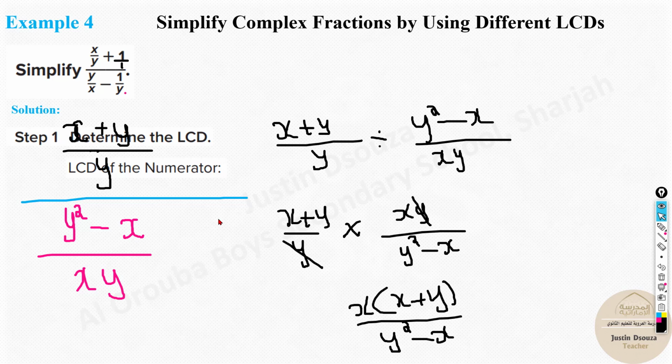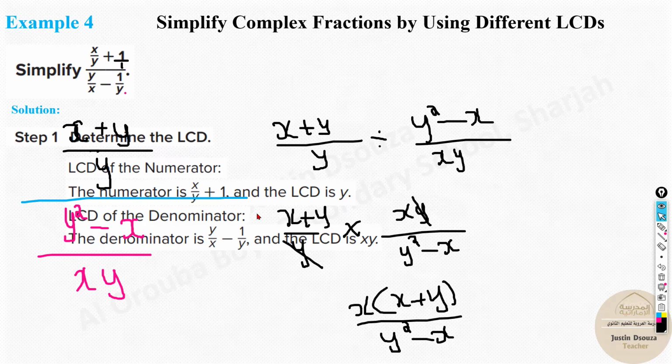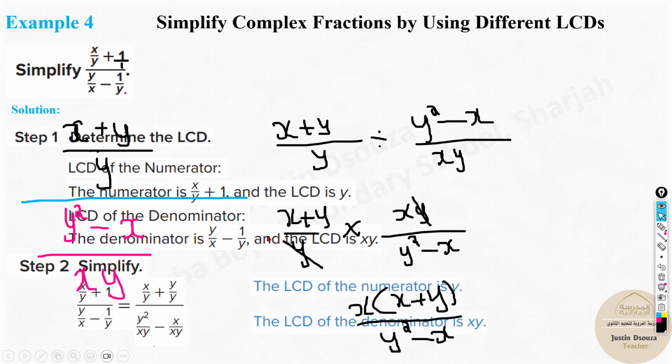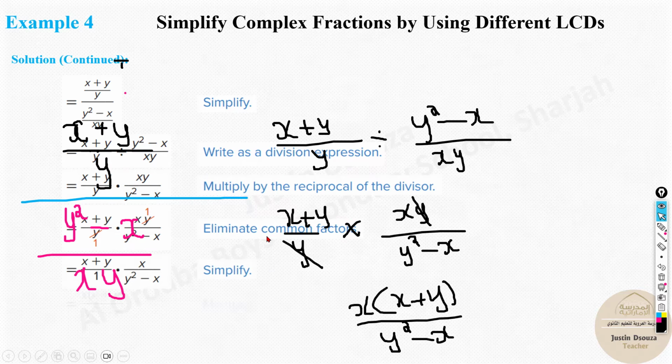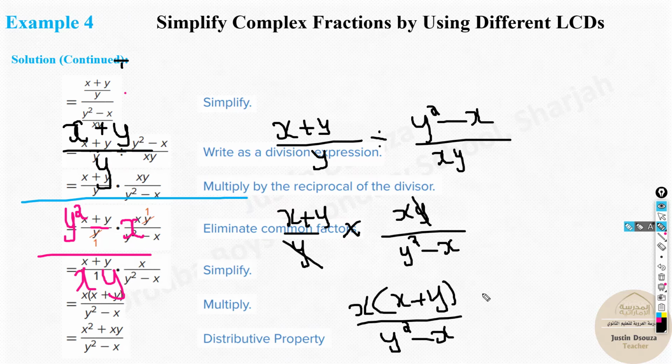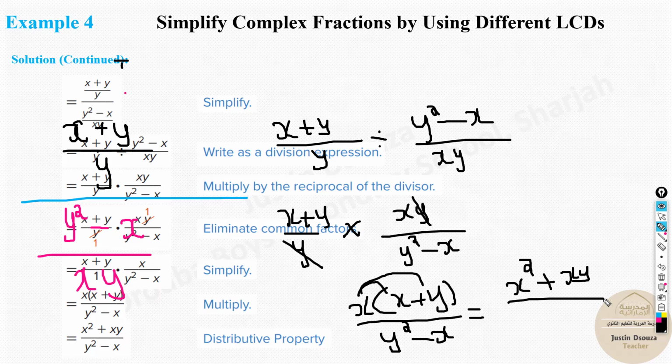Let's just look at the answer. Yes, it's okay. Now this is the answer, but the only thing is I forgot to write the distributive property. Multiply the x inside, and it will be x squared plus xy divided by y squared minus x. Now this method is much easier.